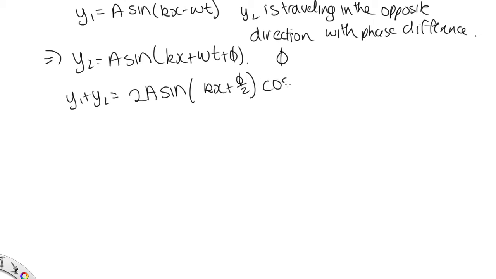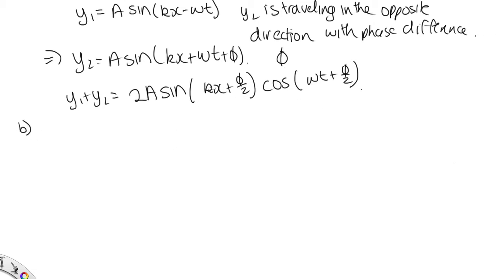And then cos of the difference between these things. So we do kx plus omega t plus phi minus kx minus omega t, so we end up with omega t plus phi on 2. So that's how we derive the expression.